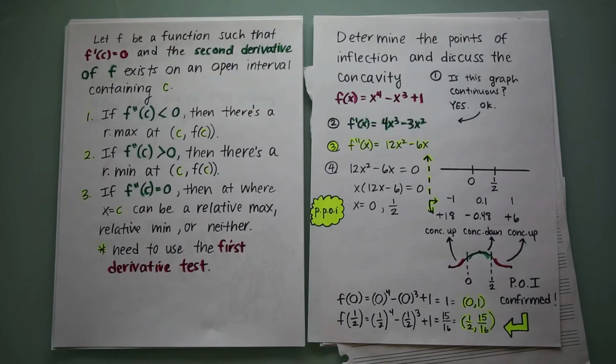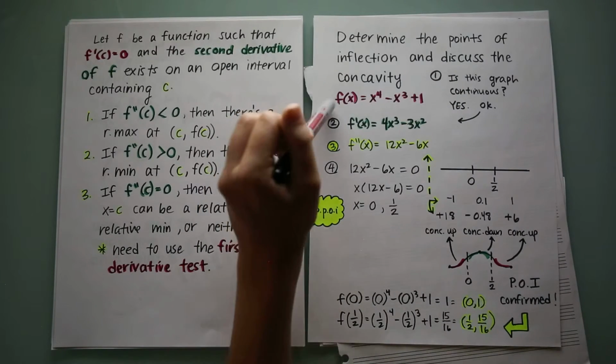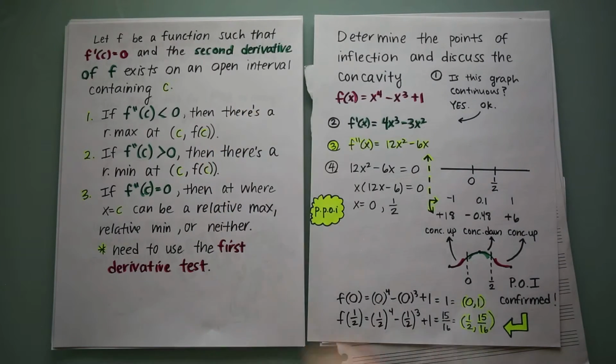We can then find the y value of the inflection point by plugging the x value into the original function's equation. With x equals 0, we get positive 1, and with x equals 1/2, we get positive 15 over 16. These would be our points of inflection, since the concavity is changing at these points, either from up to down, or vice versa.